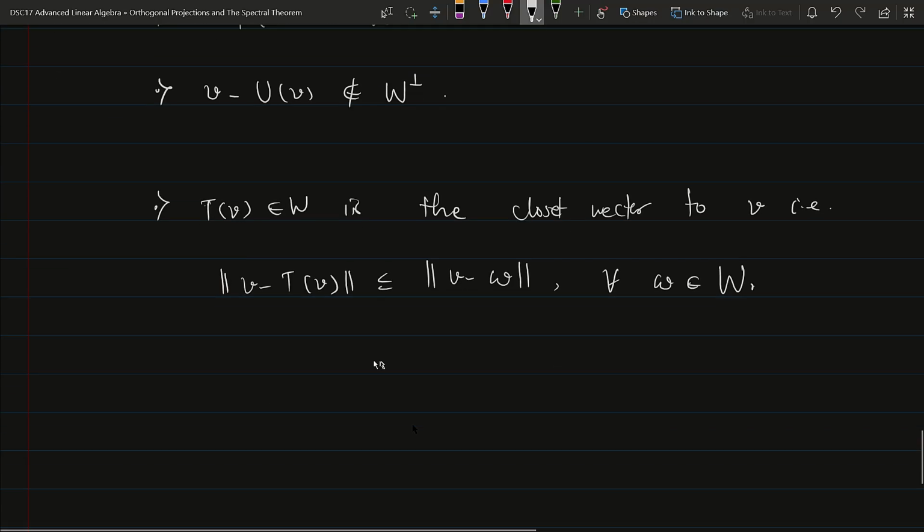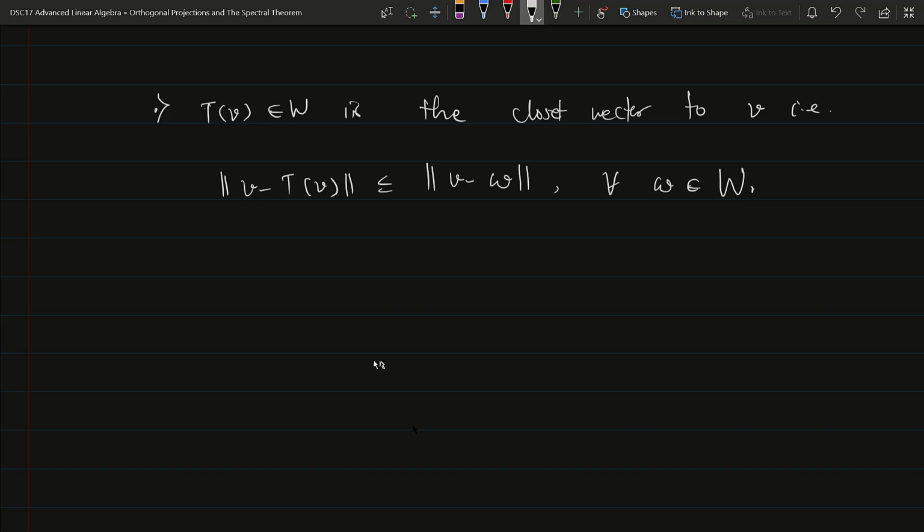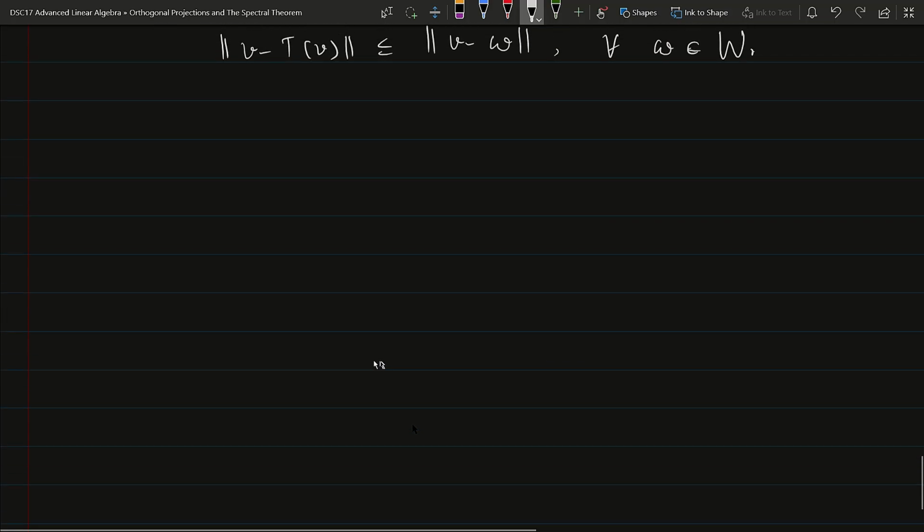Okay, so this is the type of difference between the orthogonal projection and the ordinary projection which is not orthogonal.